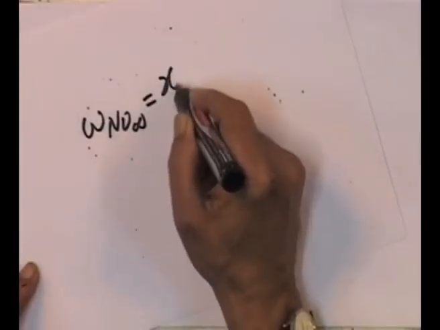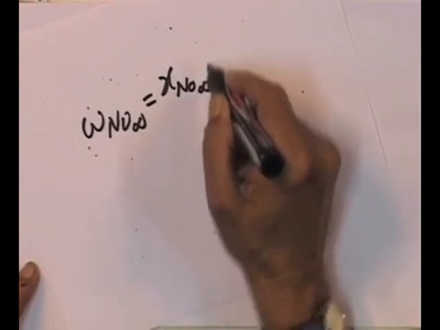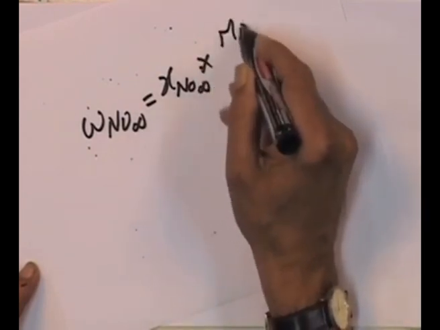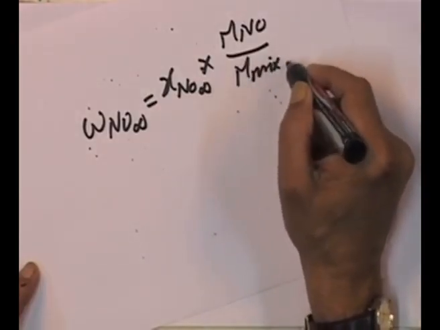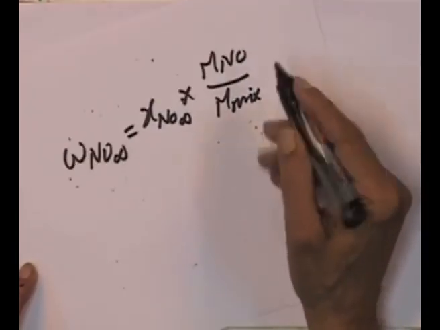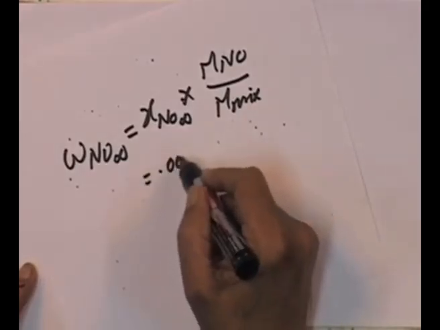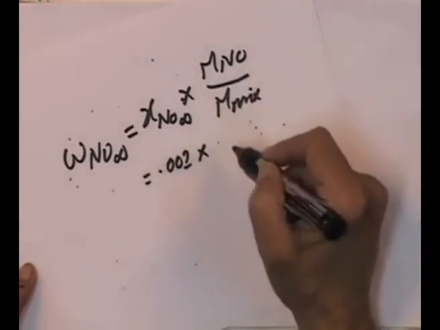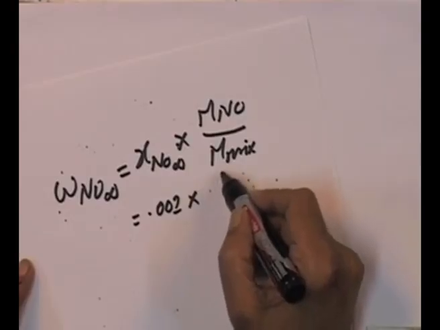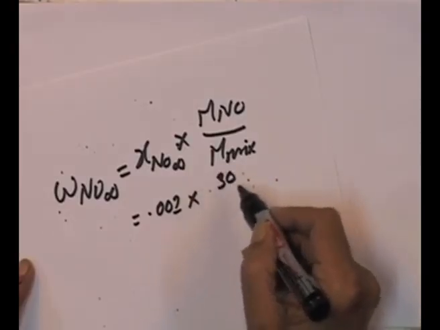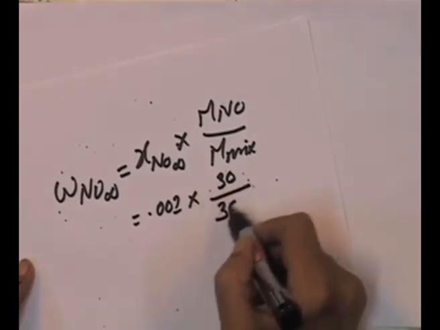Now, you know already omega NO infinity, because remember omega NO infinity will be x NO infinity into m NO divided by m mix, the molecular weight, and that is given as 0.002. M NO, the molecular weight of NO will be 14 plus 16, 30, and you are already given molecular weight of mixture is also 30.